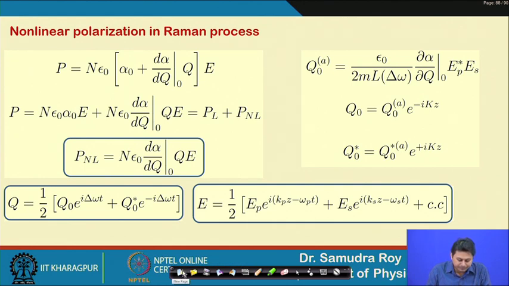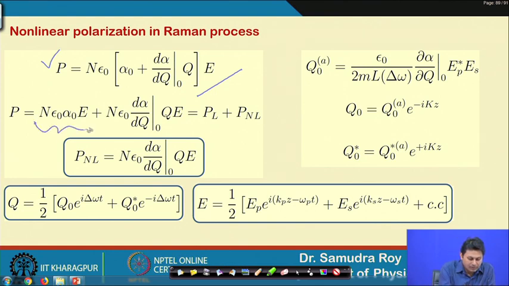First, the polarization term is this one. It can be divided into two parts: one is the linear part and the other is the nonlinear part, as written here.